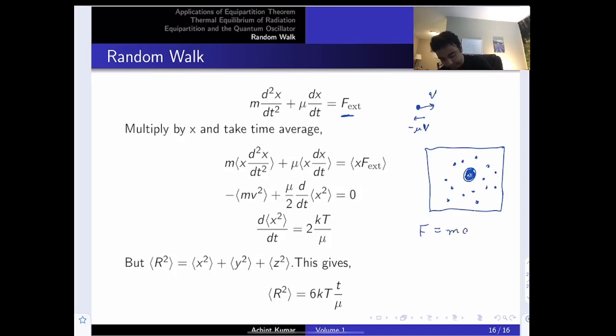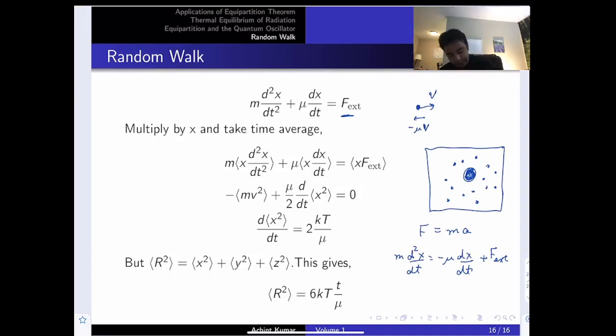So just let me write down how I got the first expression. F equals ma. The forces acting on the system are the drag force, which I'm calling minus mu dx by dt, plus the noise force from the water molecules. Then I multiply by x on both sides, which I've done here, and take the time average.